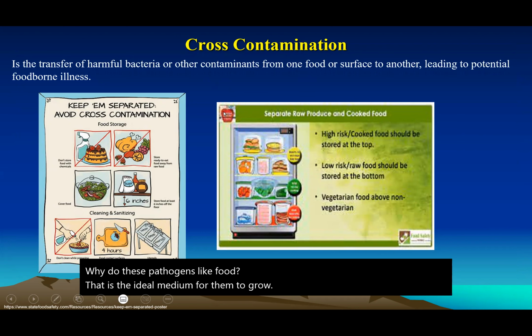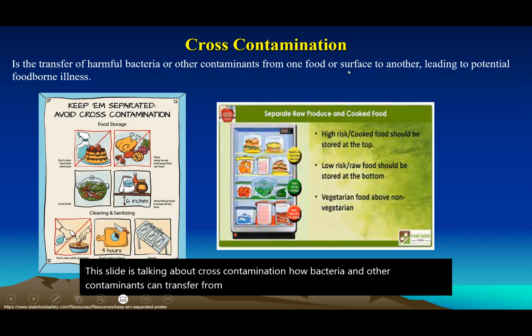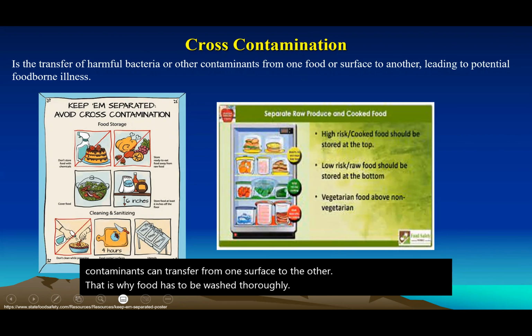This slide is talking about cross-contamination, how bacteria and other contaminants can transfer from one surface to the other. That is why food has to be washed thoroughly. You don't store chemicals in food next to each other. The cooked food should be separated from raw foods.